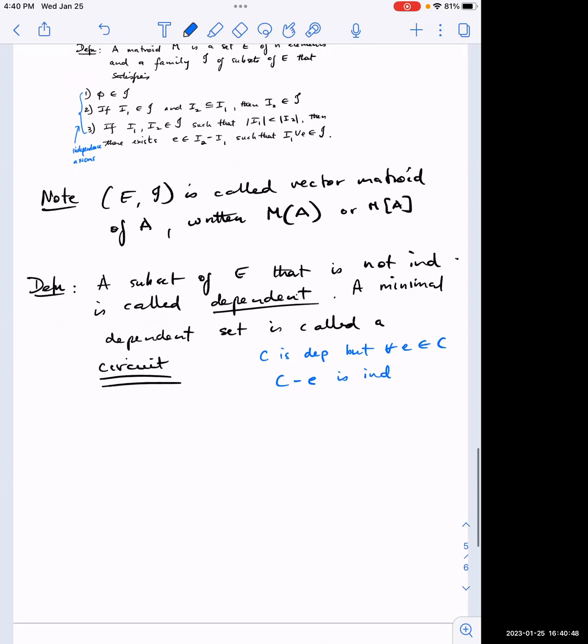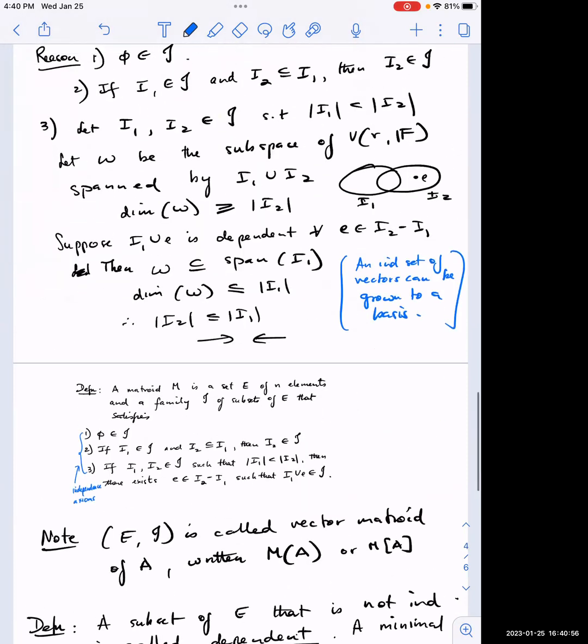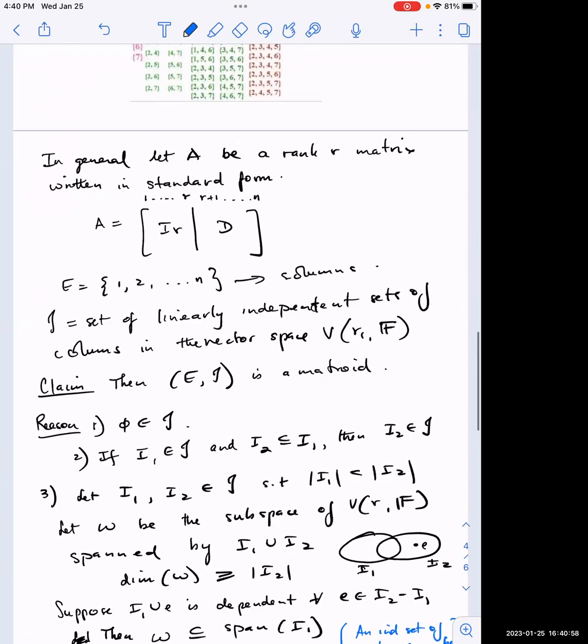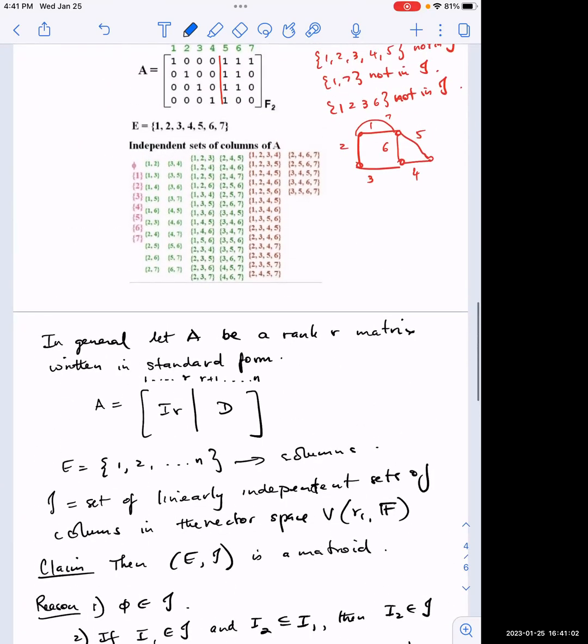So we already talked about dependent sets in our previous example. For {1,7}, we kept calling it not independent. Now we have a name for it. {1,7} is dependent.